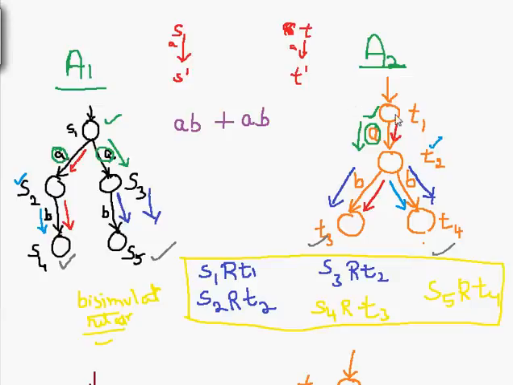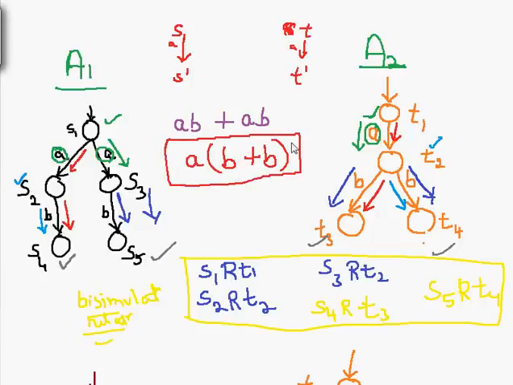Now what does A2 exhibit? Action A followed by B or B. This is the behavior exhibited by A2, and this is the behavior exhibited by A1.